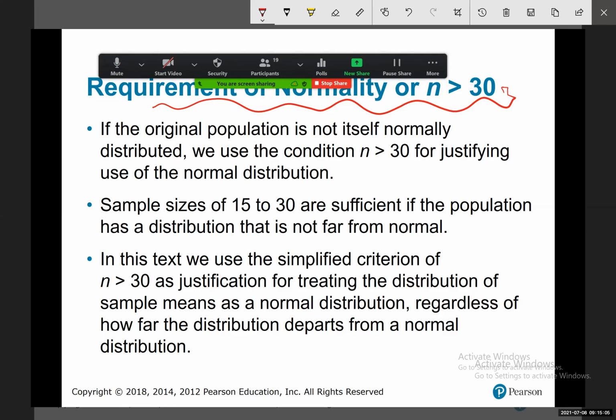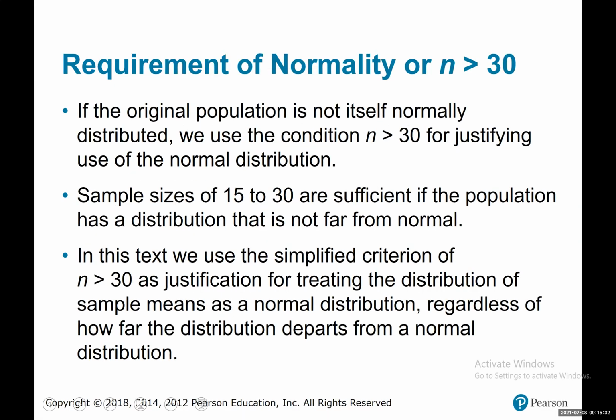Please write down the requirement: normally distributed or n greater than 30 for the mean. For population proportion, it's successes and failures greater than 5, but for all of the testing involving a mean, it's n greater than 30 or normally distributed.